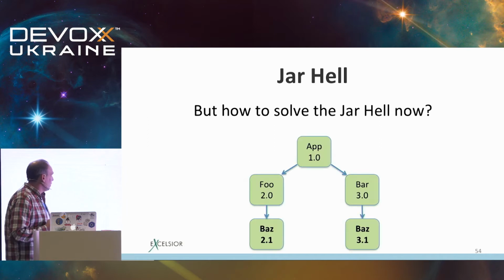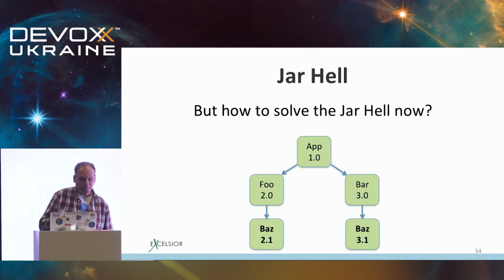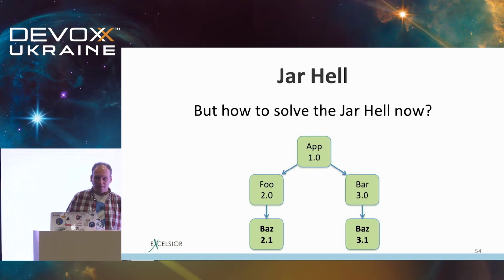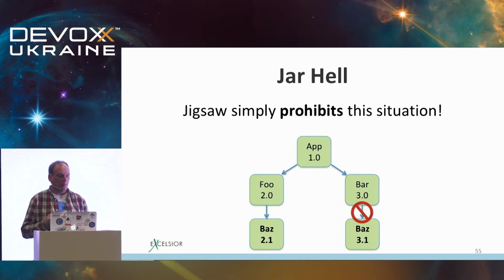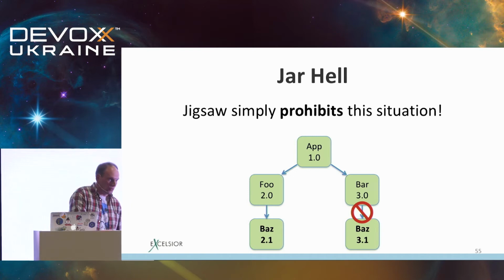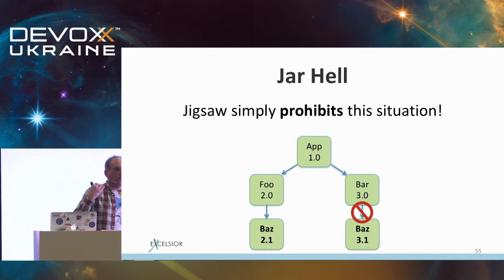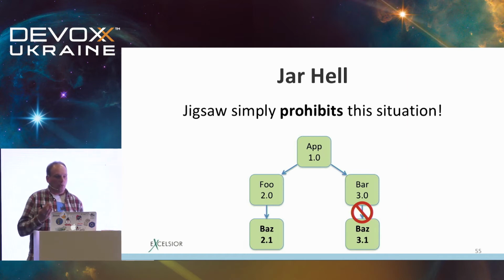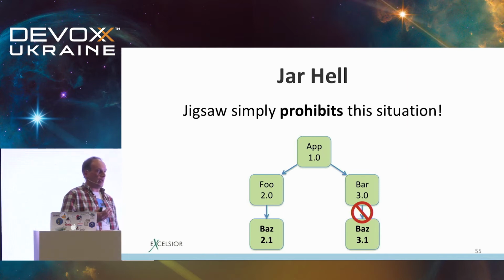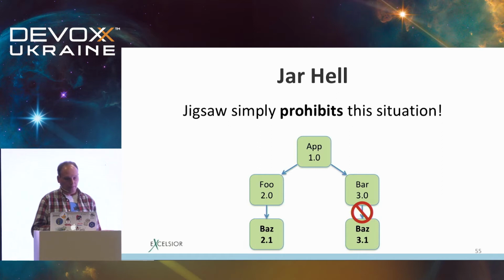So how to solve the jar hell problem now? First, this situation is simply prohibited by Jigsaw. Two different versions of one module just won't get into JPMS, which is good because you recognize the problem right on the application startup and not at runtime at an unpredictable point, causing you to waste a lot of time in debuggers.